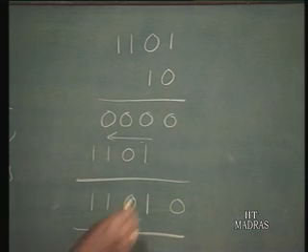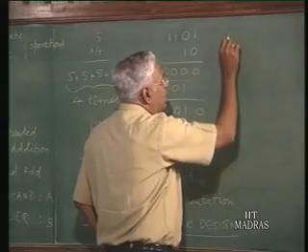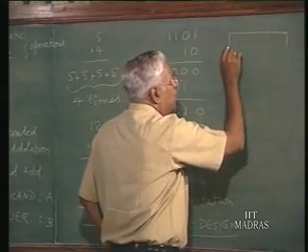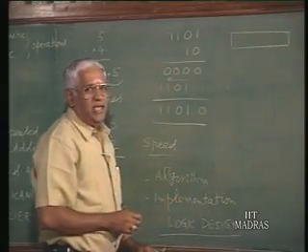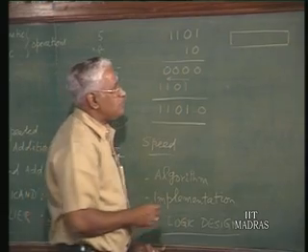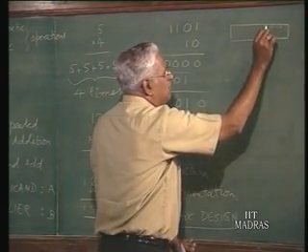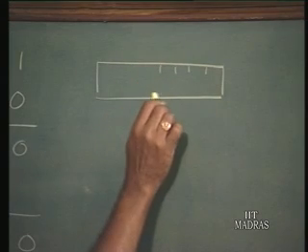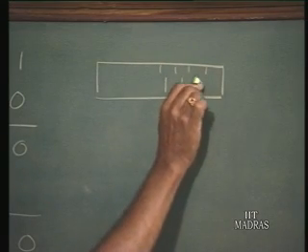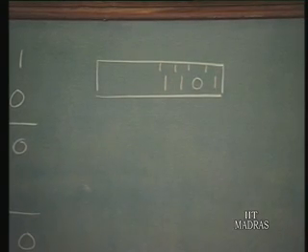For instance, if you talk about a multiplicand register, it will be 8 bits. In the least significant bits of this, say 1 1 0 1, will have to be entered.